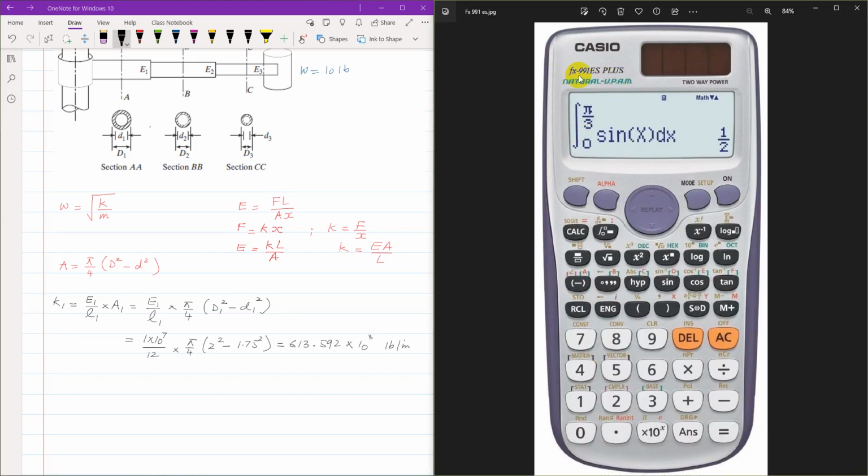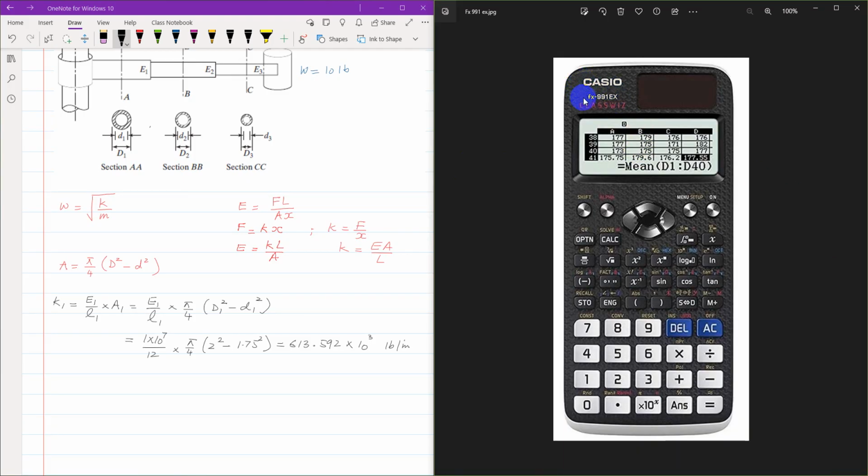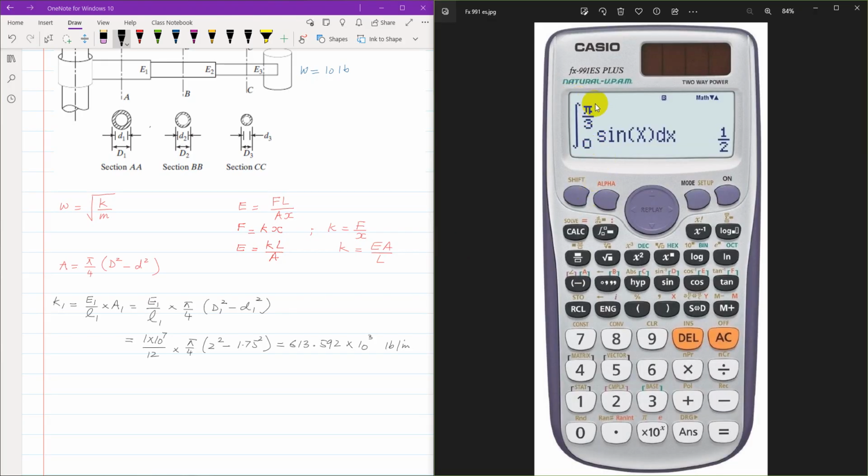If you're using the Casio FX-991ES Plus, you can press shift, then the recall button, which has store, and then press A. Or if you're using the Casio FX-991EX, just press store and then A. When you store and press A, on the top screen you will see the arrow A, which means it has been saved there.